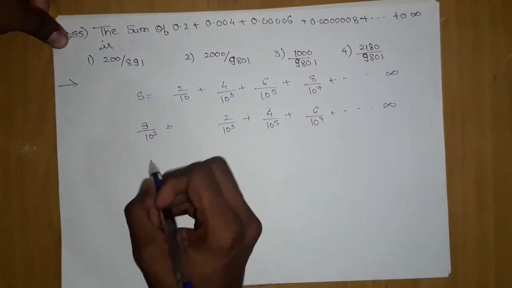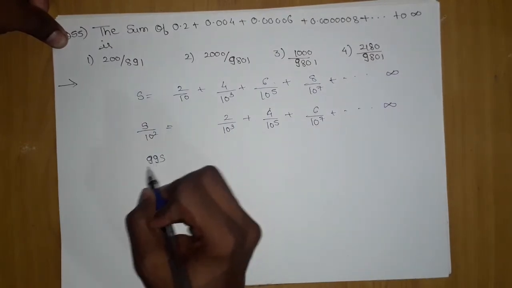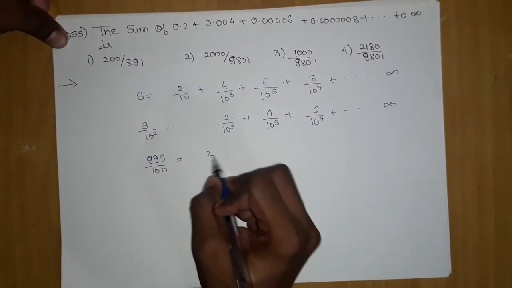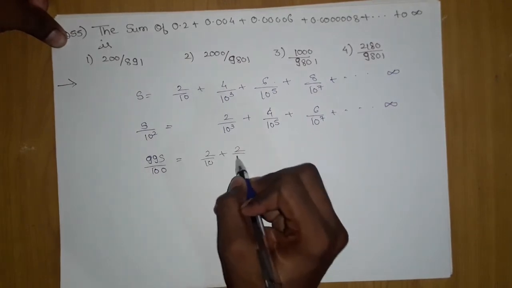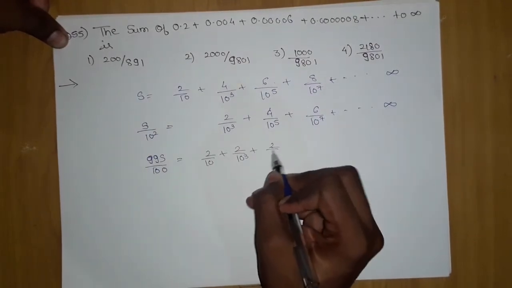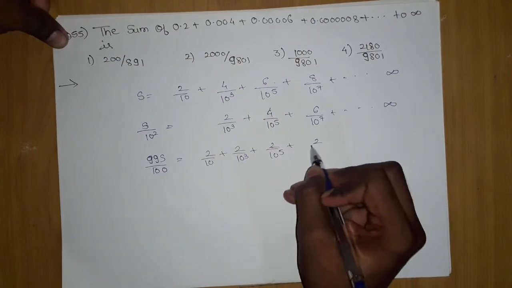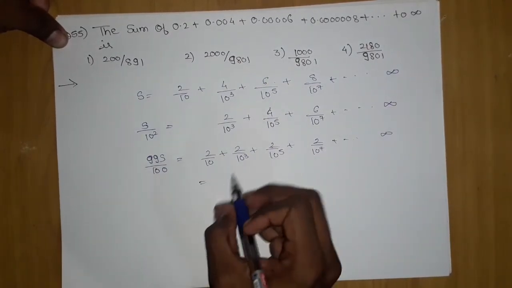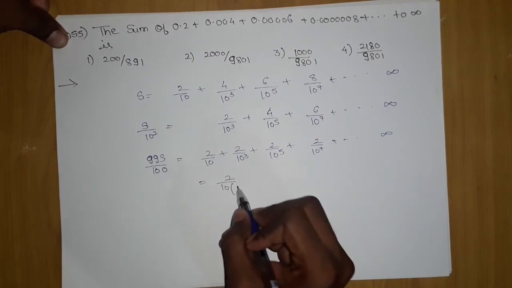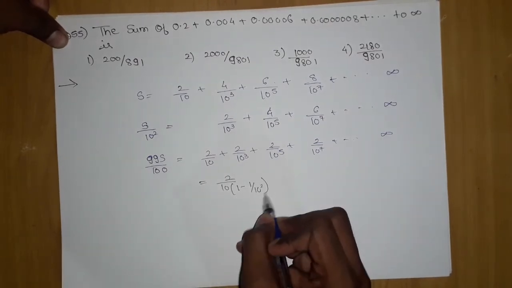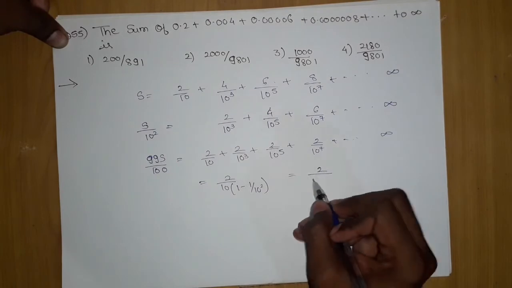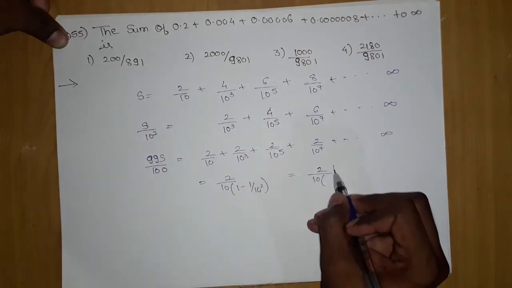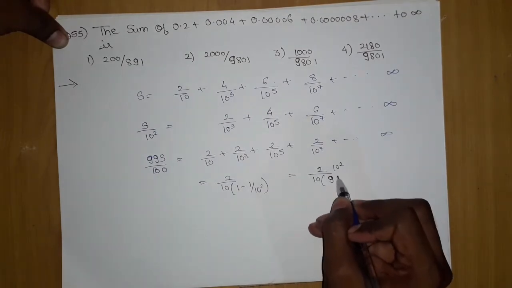If I subtract, I get 99s by 100 equal to 2 by 10, 2 by 10 cube, 2 by 10 power 5, 2 by 10 power 7, and so on till infinity, giving a final answer 2 by 10 into 1 minus 1 by 10 square. Which will be 2 upon 10 into 10 square over 99.